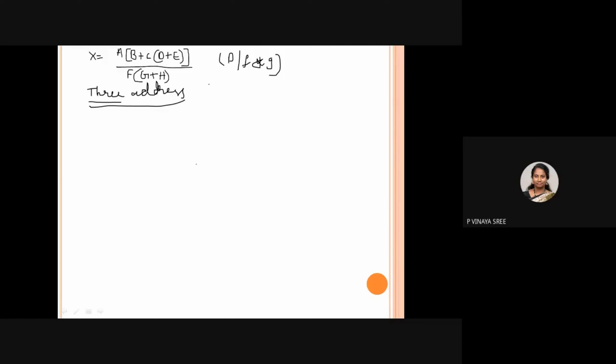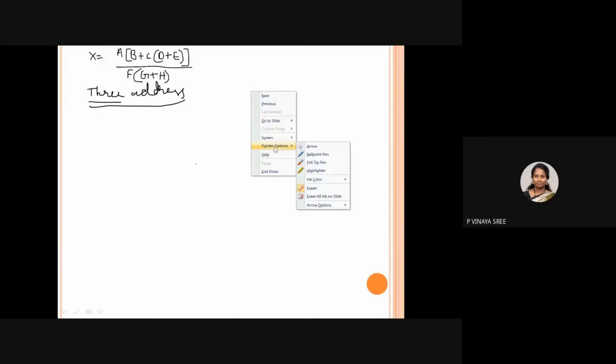So you need to think about the operator precedence rules, and if you have an equal priority, then we need to go for the associative rule based on whether the operator evaluates from right to left or left to right. Okay. Now let me start with three address instruction format. So in three address instruction format, we need to do this first. Okay. So first instruction, can anyone? Add R1, D. Add, just a minute.